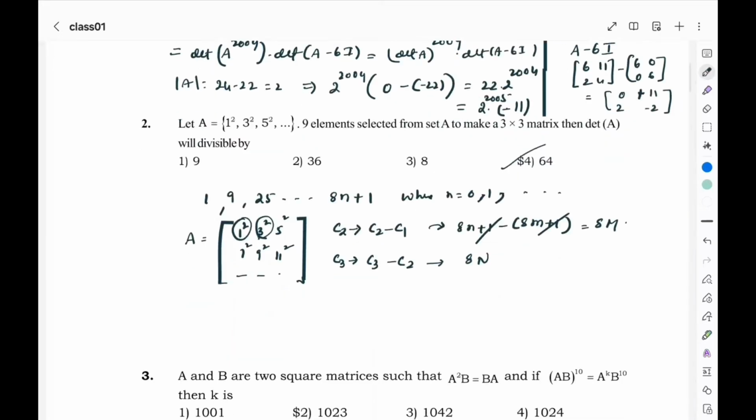Here, 8 multiples are there, and here, 8 multiples are there. You take 8 common from the second column and 8 common from the third column. It is definitely 64, whose determinant will be a 64 multiple, which is divisible by 64.